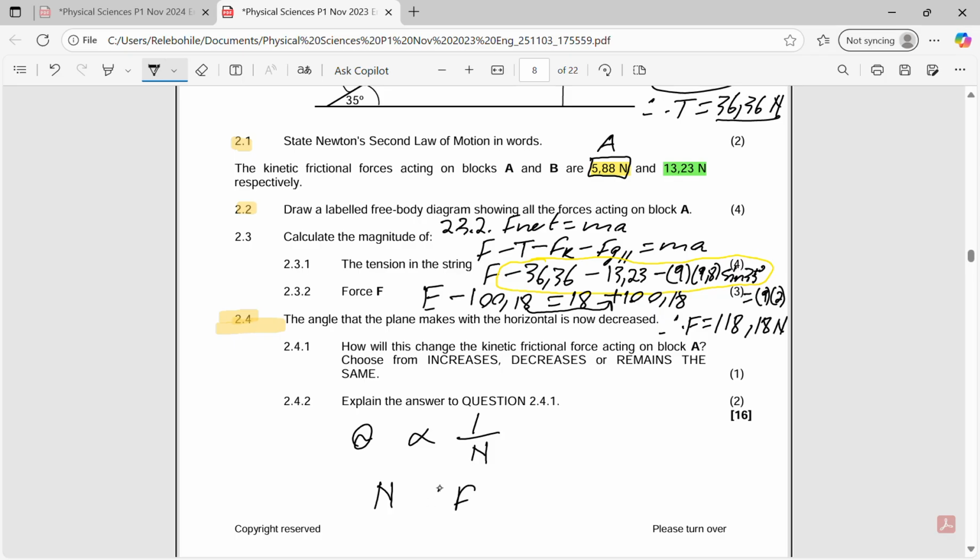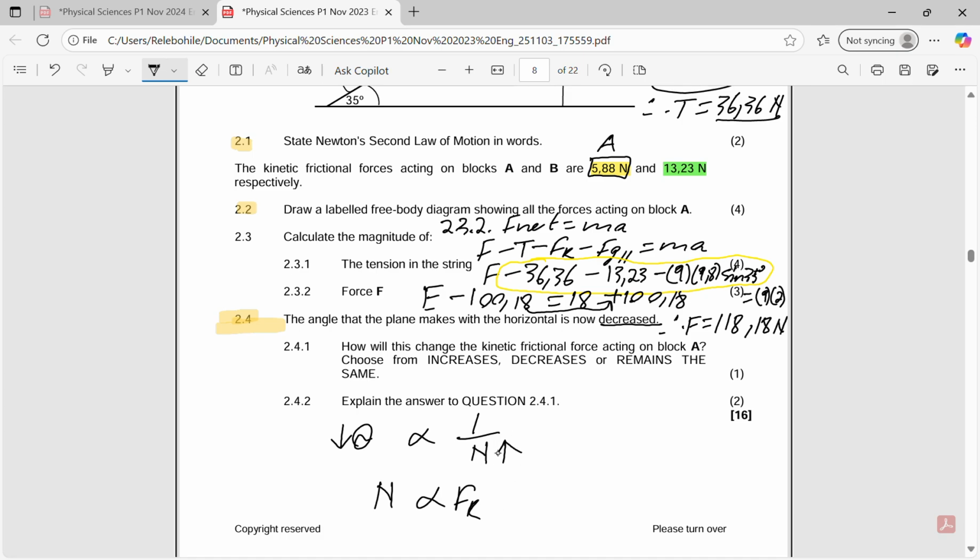We will also now look at the relationship between the normal force and our force of friction. And the relationship there, guys, is directly proportional. In this case, we're talking of kinetic friction. So here we are being told that our angle will decrease, and if my angle decreases, guys, with that arrow, it means that my normal force will have to increase, right?